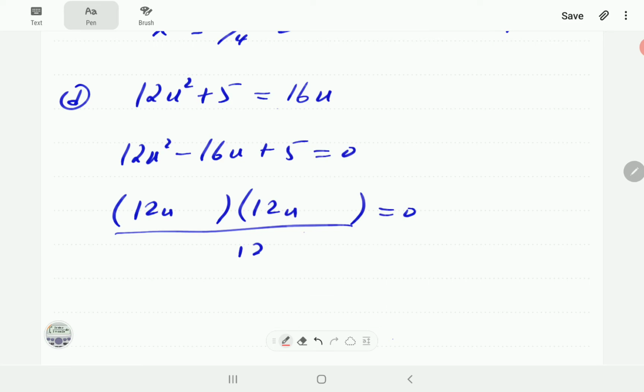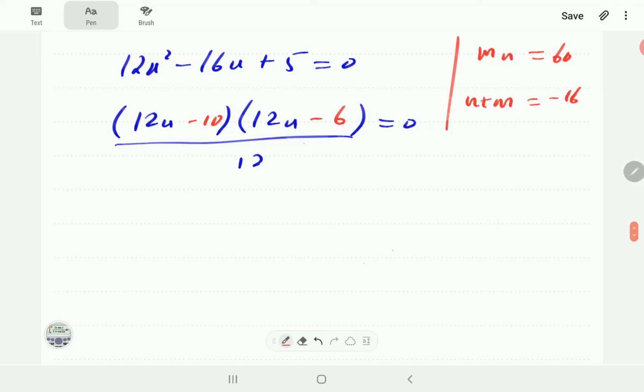It's going to be 10 and 6. So m times n is 60, so they both have the same sign. m plus n is negative 16, so they are both negative. So it's negative 10 and negative 6.